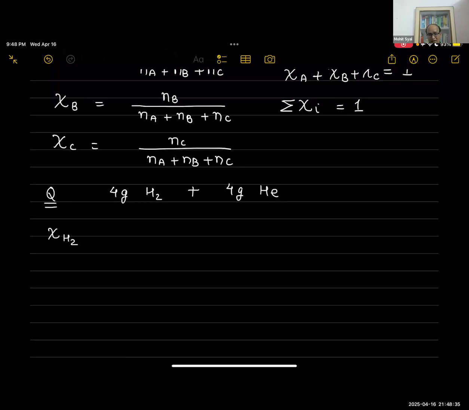We are given the mass, not the moles. So now you need to find the moles first. Then only you can find the fraction with the help of moles.